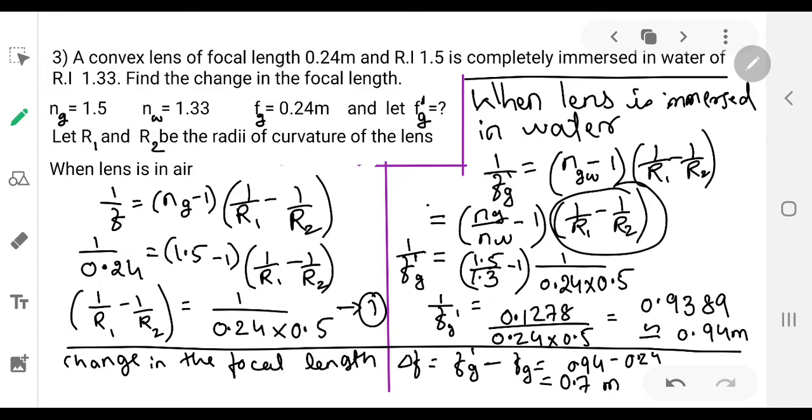So this is the change in the focal length of the lens when it is placed in a water medium.